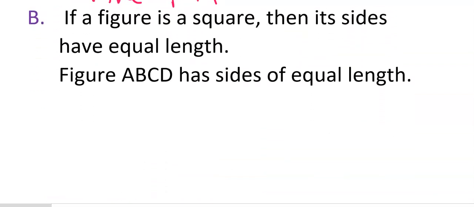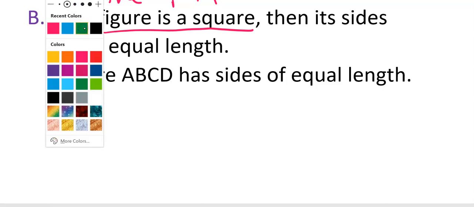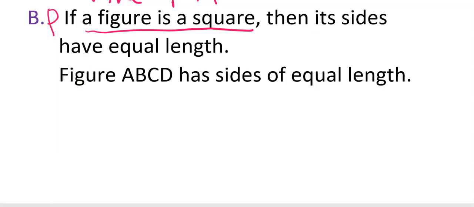If a figure is a square, then its sides have equal length. So the P part is a figure is a square. The Q part is its sides have equal lengths. Then it says figure ABCD, that's a specific figure, has sides of equal length.